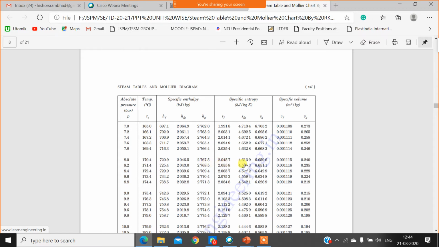We do not require entropy in this case, but for work done we require specific volume. vf is 0.001115 and vg is 0.240.